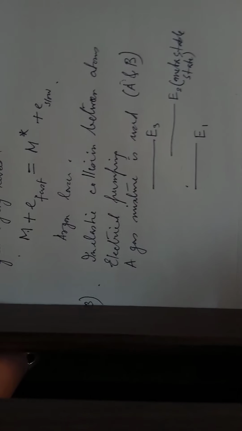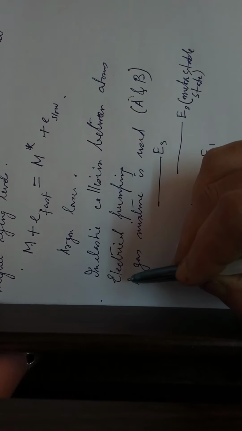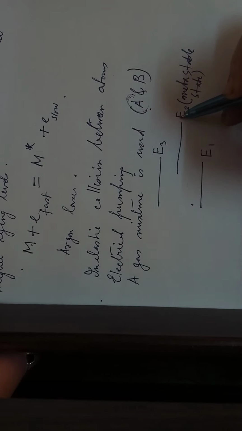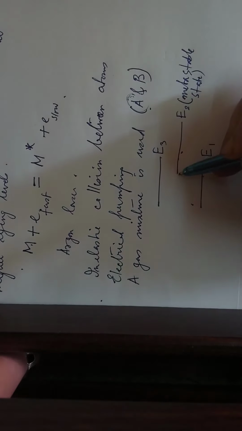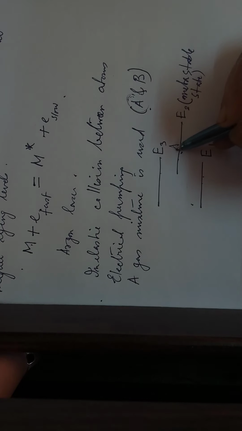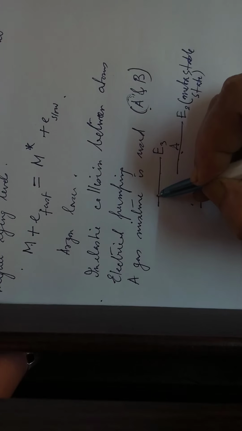Suppose A has a metastable state, so high energy electrons can easily excite it, since it is lower lying, to the metastable state in between the other two states. Once A comes to this state, it interacts with B and gives energy to this atom to go to the higher excited state.